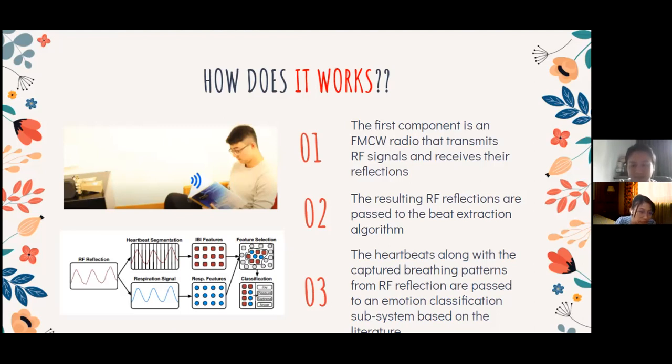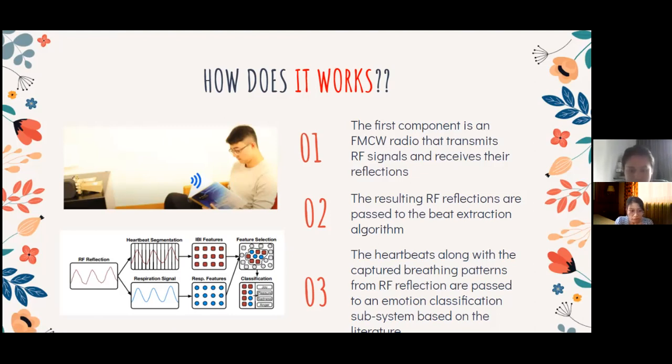As we can see in the lower picture, the beat extraction algorithm will separate the heartbeat and the respiration signals, and it will make segments so that the signals can be analyzed more accurately.